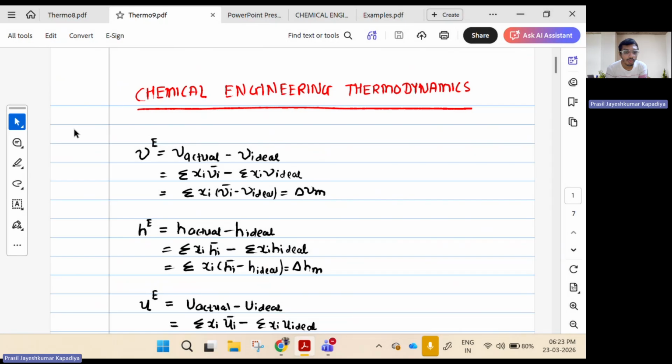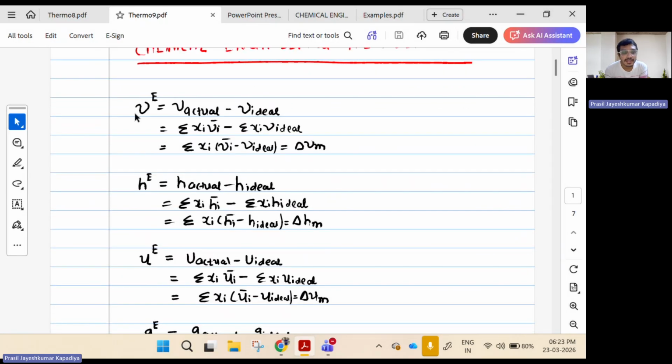Okay. So V excess is equal to V actual minus V ideal. What will be V actual? It will be the summation of xi into Vi bar, the partial property of component i in solution or in the mixture, whatever you want to call it. So the summation of xi into Vi bar, minus V ideal, which is the summation of xi into V ideal.